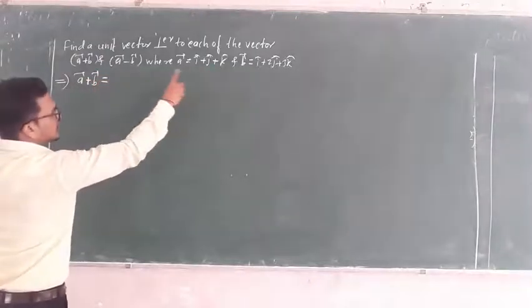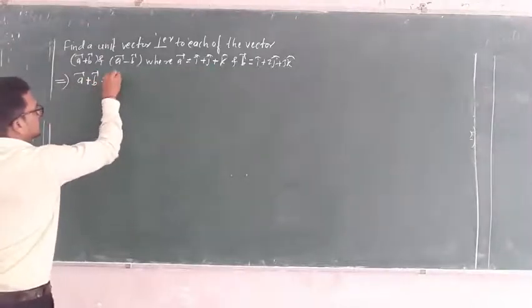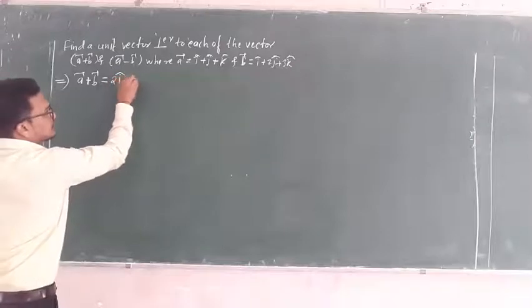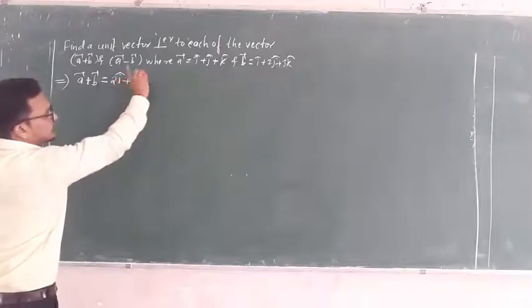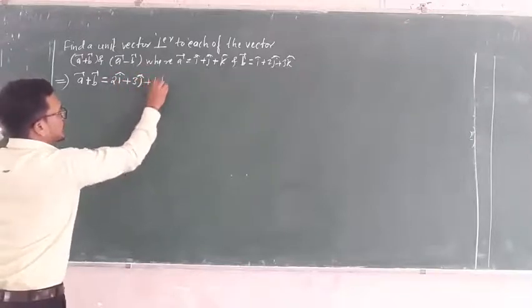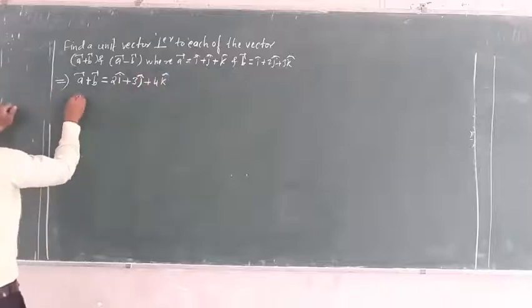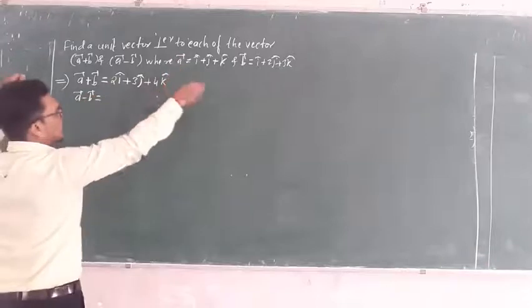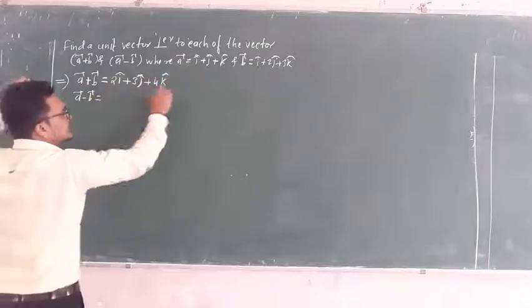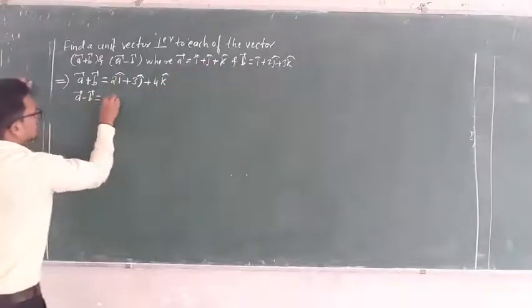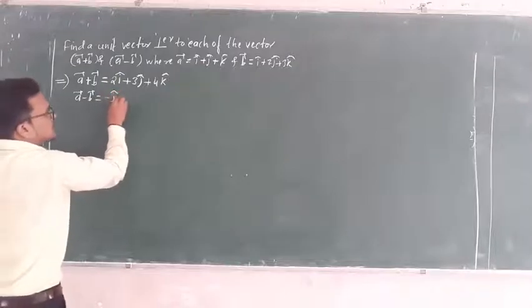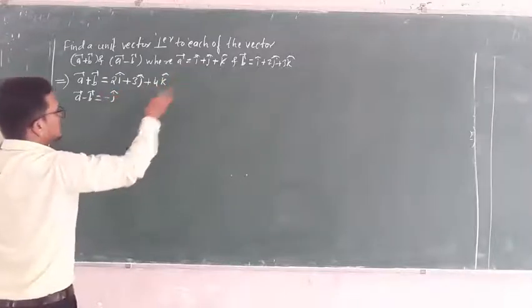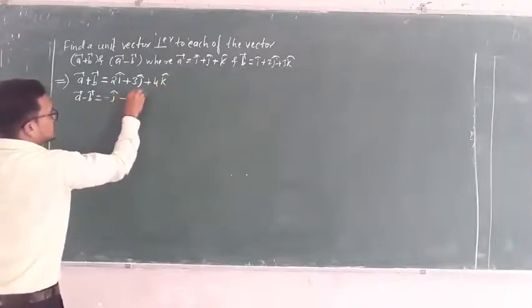Just do the addition: 1 plus 1 is 2i, plus 3j, plus 4k. Next, a minus b, subtraction. 1 minus 1 is 0, so i is absent. 1 minus 2 is minus j. Next, 1 minus 3 is minus 2k.